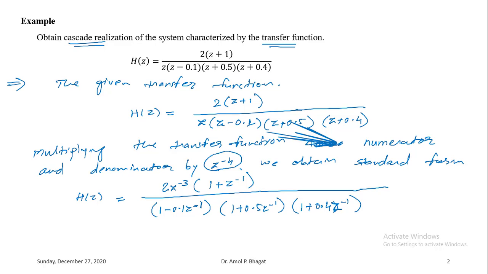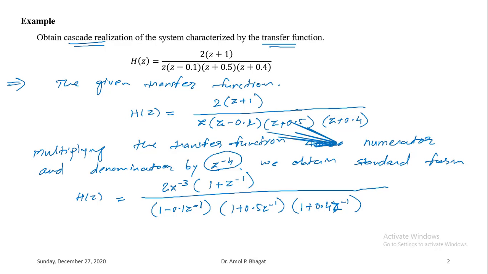For cascade realization, we require terms in multiplication. For parallel realization, we'll require terms in addition form. So here these terms are already in multiplication form, so we'll just separate them out. We'll represent this H of z as the product of simply adjusted terms.